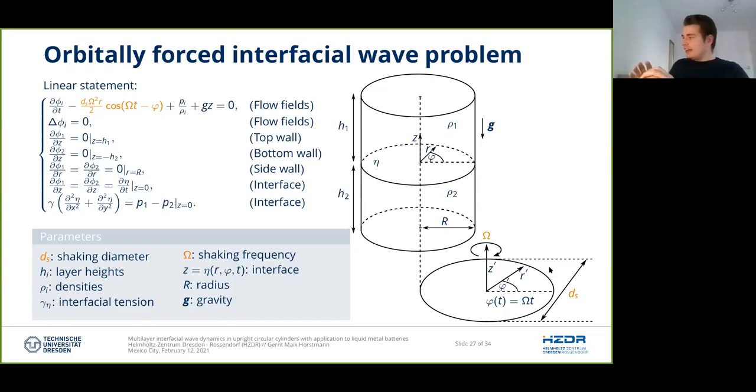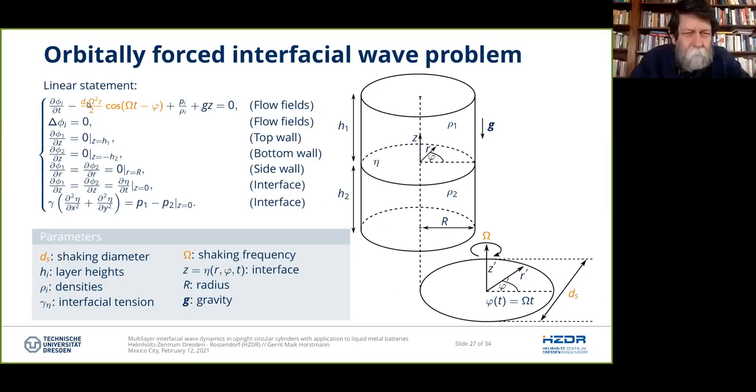And if I want to excite linear waves, then this must be small. In my experiment, I could continuously modify this distance. You can see here, this is the forcing term proportional to ds and omega squared. So if I reduce the distance by a factor 2, I have a factor 2 lower forcing in my forced-wave theory.